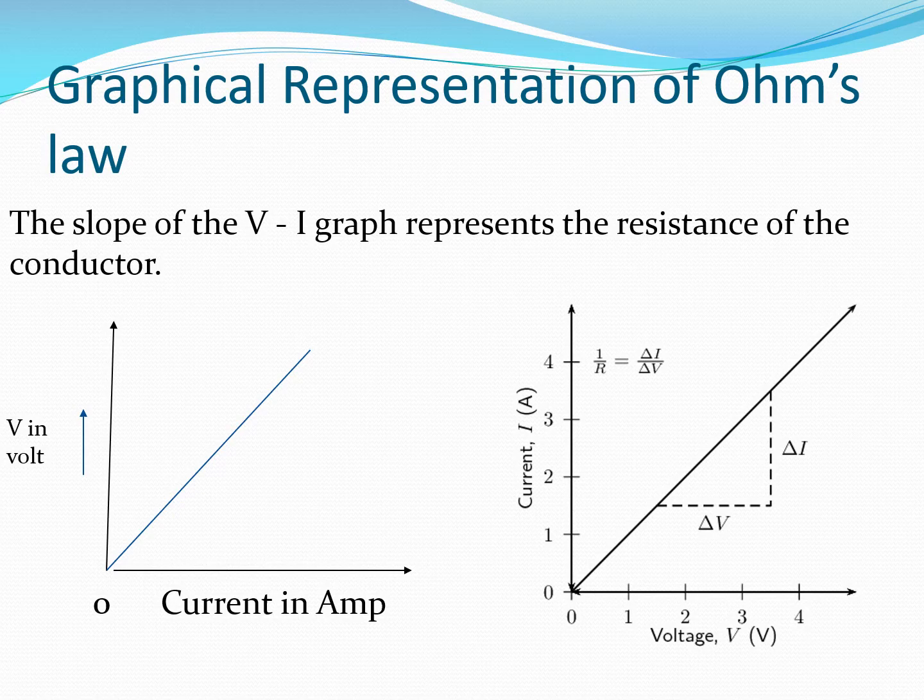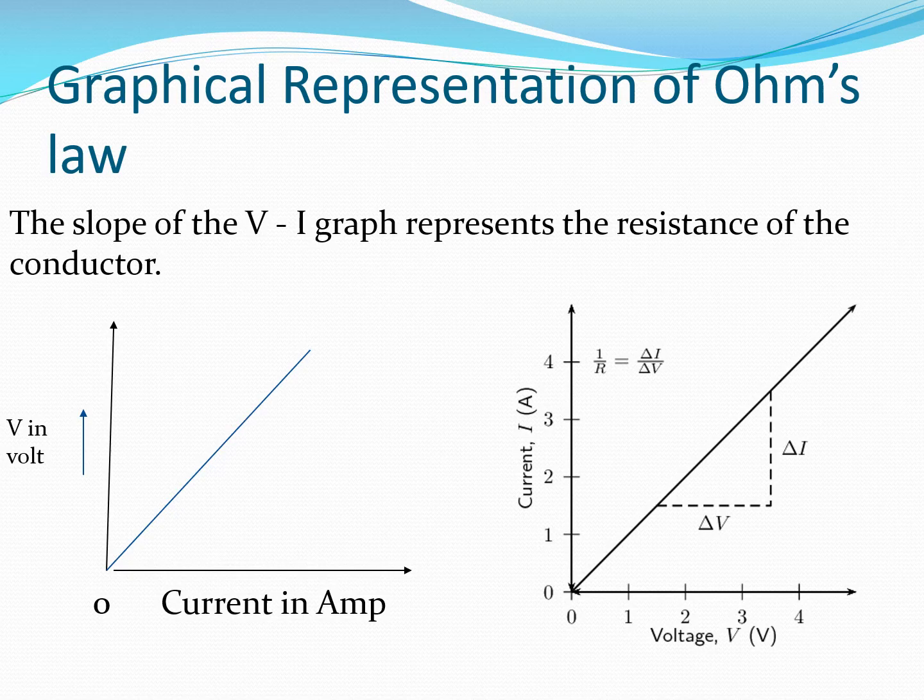So, from the triangle shown here with a dotted line, I know the perpendicular is delta I. You can calculate the value of delta I from the scale of current, divided by delta V, that means change in voltage. That also I can calculate from the voltage axis scale. And that is equal to 1 by R.